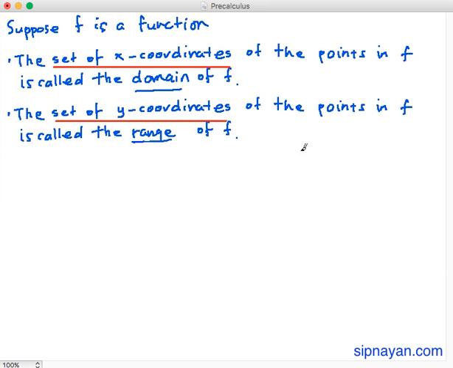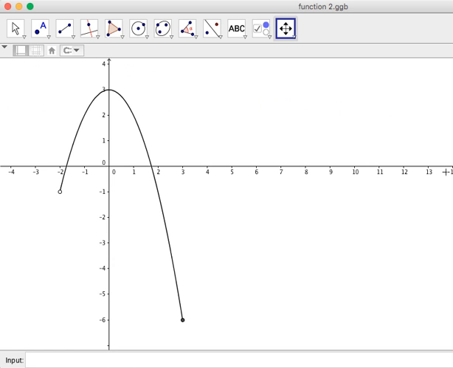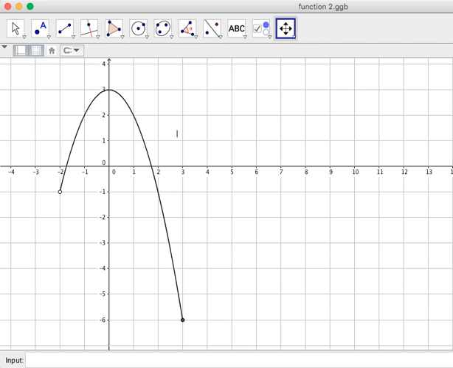Now, tingnan natin yung another function dito sa video na to. Alin ba yung mga set of x-coordinates of the points, or yung tinatawag natin na domain? Maglagay tayo ng grid para makita natin. Pag halimbawa nandito ako sa point na to, ano ang x-coordinate ko?